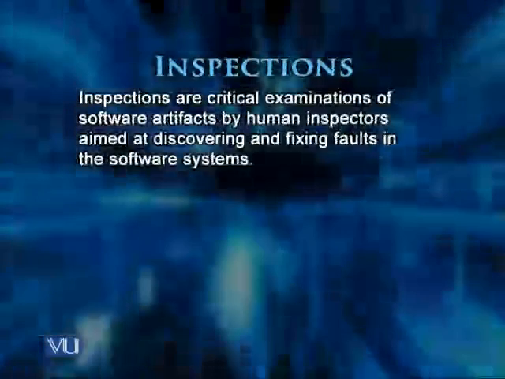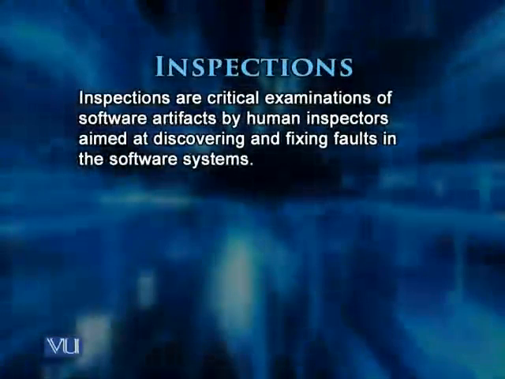Now, what are inspections? Inspections are critical examinations of software artifacts by human inspectors, not by code, not by tools, but by human inspectors. For what purpose? For the purpose of discovering and then fixing faults in the software systems. So it is humans who look at different work products, and they are basically inspecting or reviewing those work products.